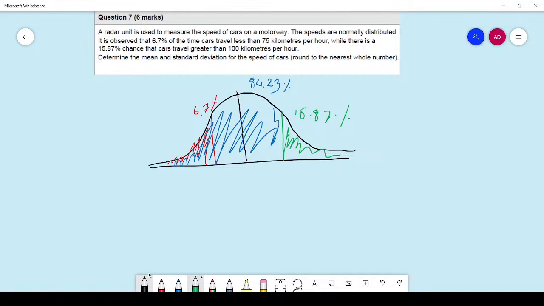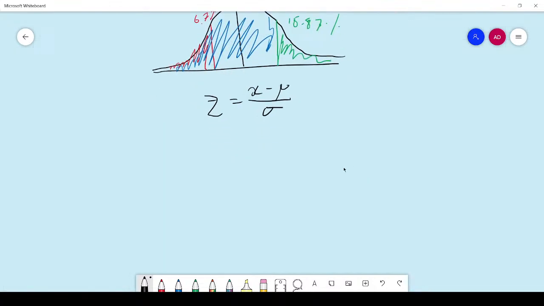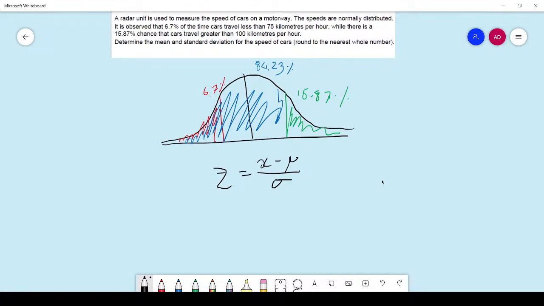That's our bell curve. And the goal was to just find the mean and standard deviation. And the way we did that was using this formula here, z equals x minus mu over sigma. And we set up a scenario where we could solve it with simultaneous equations because both mu and sigma are unknown. So z1, let's just double check that we're doing that correctly.